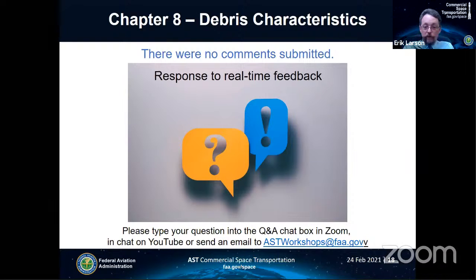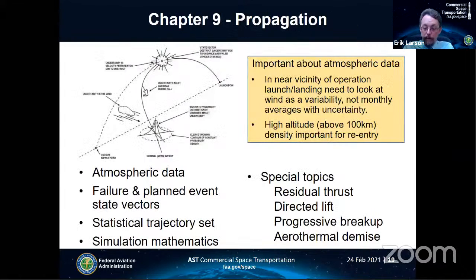Okay, let's move on to the next slide, to chapter 9. Chapter 9 discusses the propagation, which is the physics and statistics that take the debris from the point of breakup down to where it impacts either aircraft or structures or ships on the ground. The key aspects here are atmospheric data.